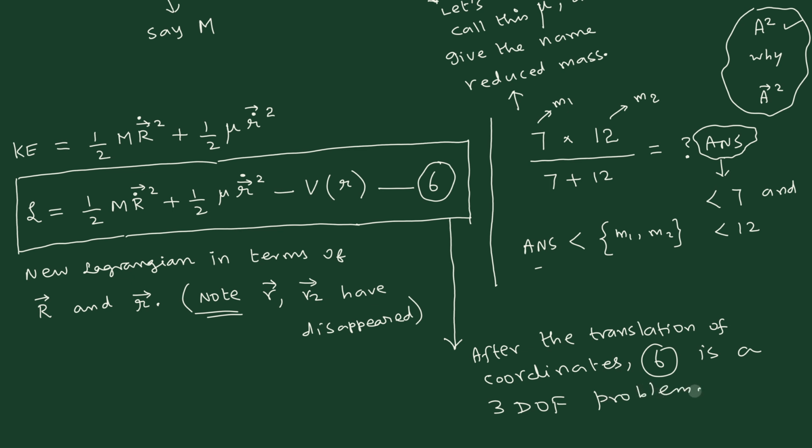So this is our conclusion, that ultimately we were successful in specifying the number of coordinates required. It becomes 3 degrees of freedom.